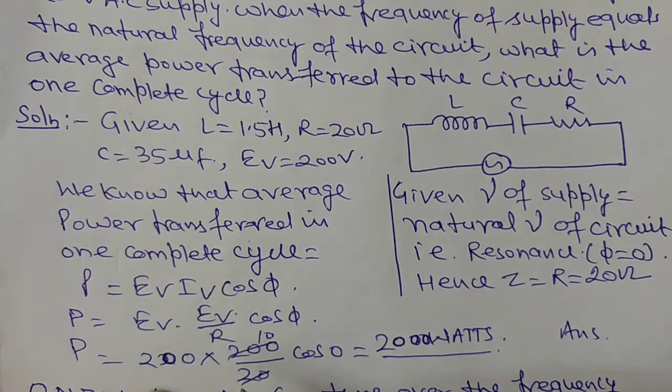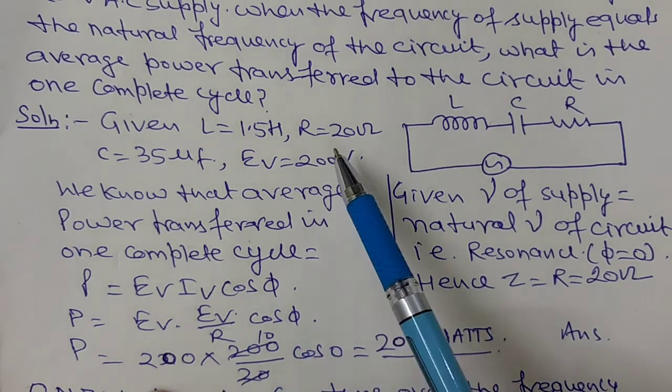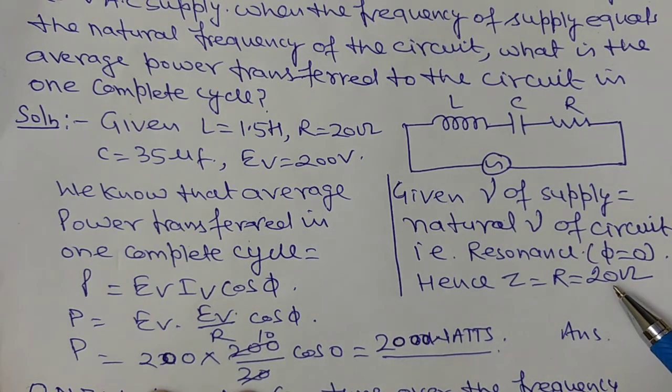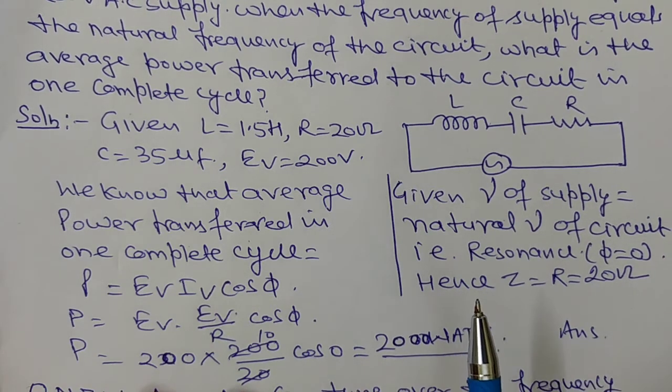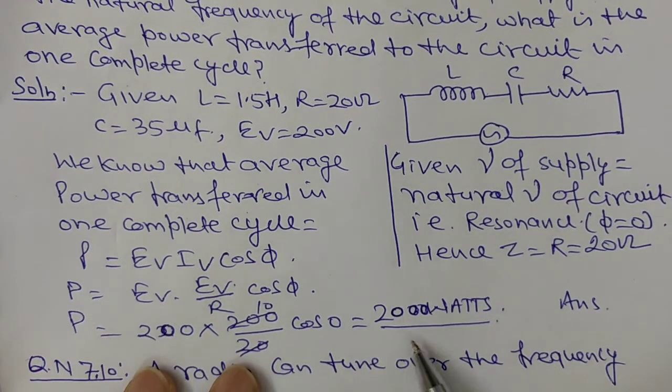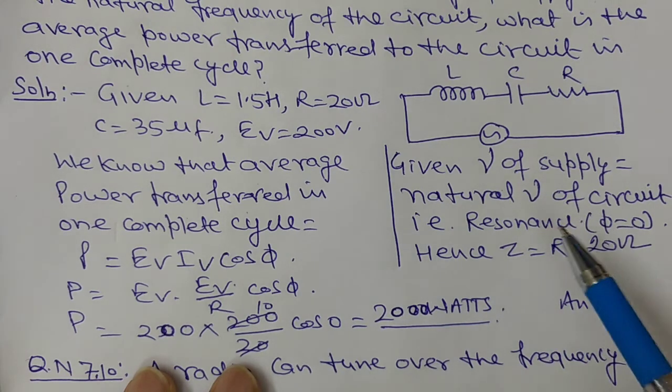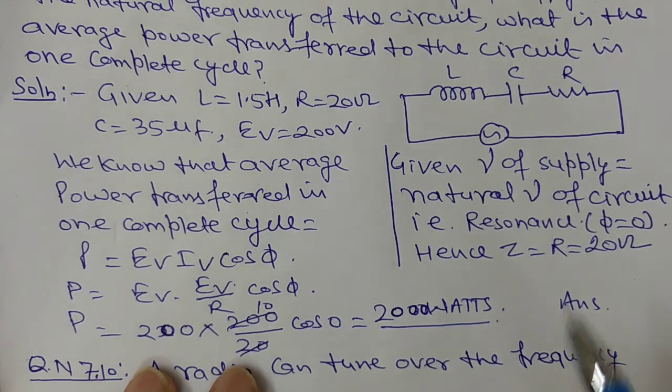Now on putting the values, E virtual is equal to 200, this is also 200 upon R, R is equal to 20 ohm and phi is equal to 0. Then on solving, this is 2000 watt. Then the power consumed or average power transfer in the circuit at this given condition is 2000 watt.